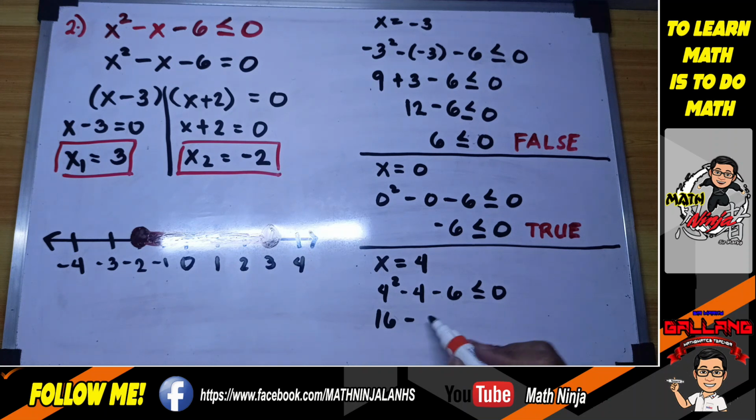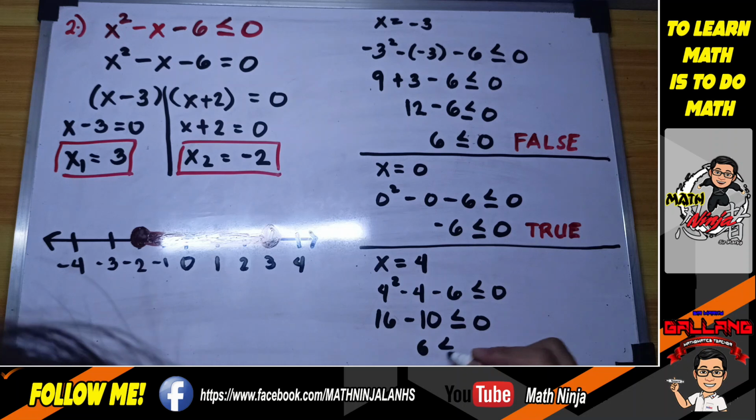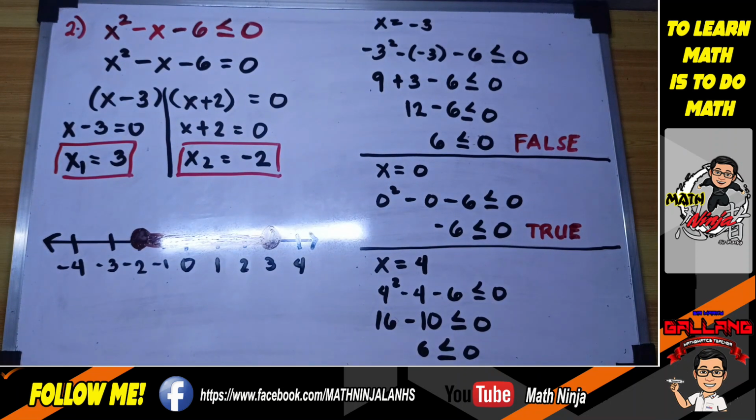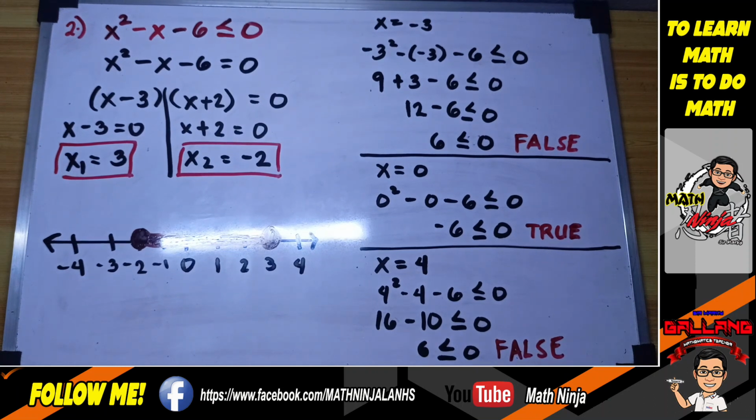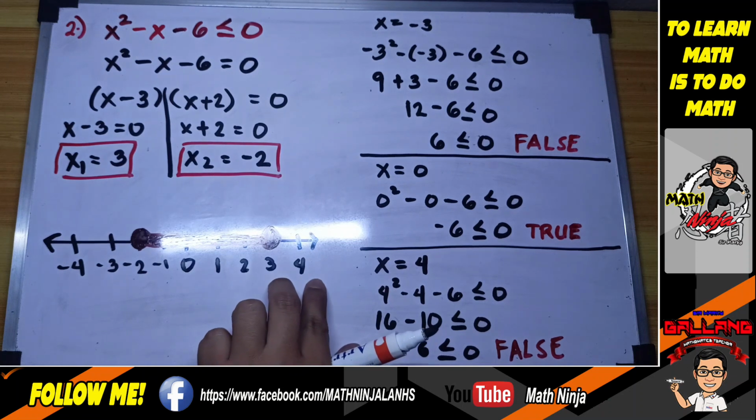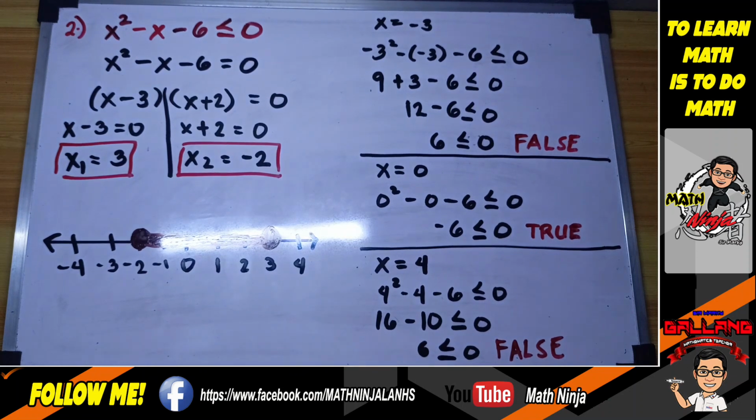Minus 4 minus 6, that is negative or minus 10 is less than or equal to 0. So 16 minus 10, the answer is 6 is less than or equal to 0, which is also false. Okay, bakit false? Alam naman natin na ang 6 must be greater than 0. So ibig sabihin, ang part na ito o yung region ng ating number line ay hindi natin sishadean, therefore that is not a part of our solution set.